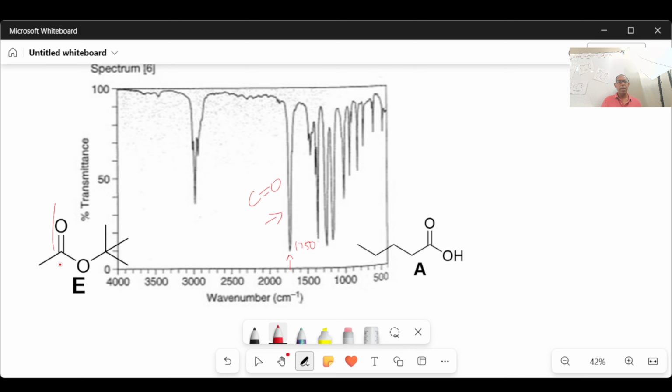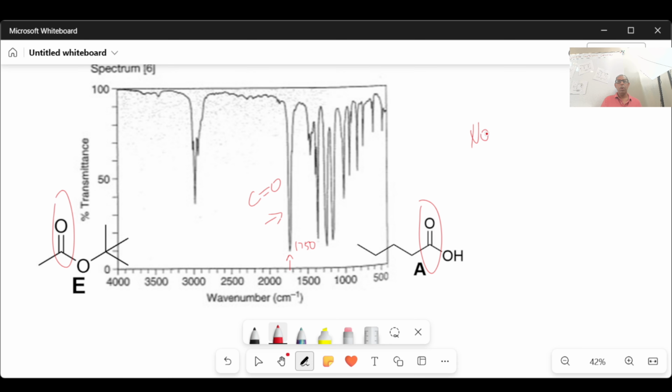Both should have that. Maybe that may not be a clue that can immediately tell you the difference. They are the same in that aspect. But in this case, as you see, you don't see OH.